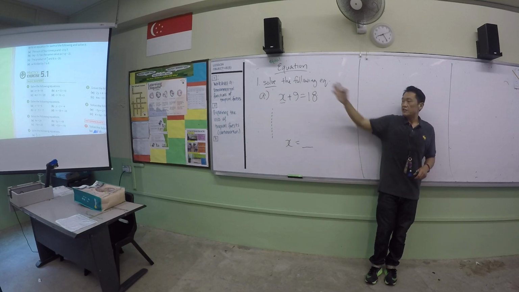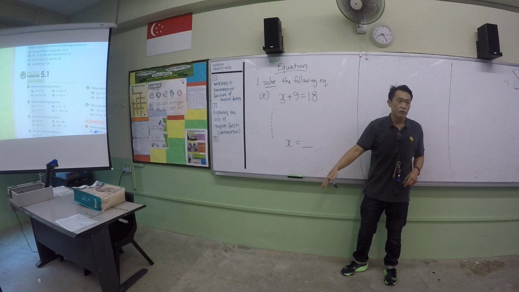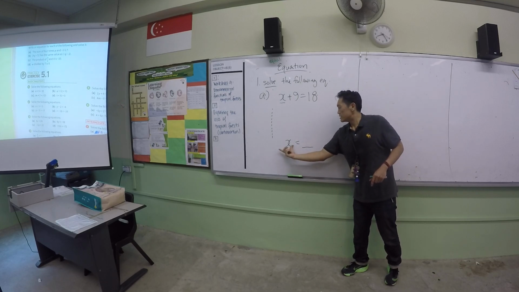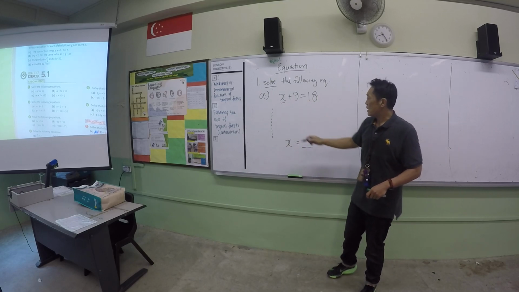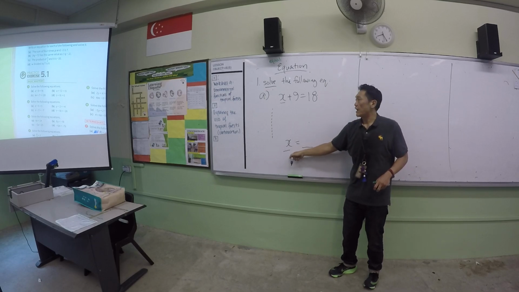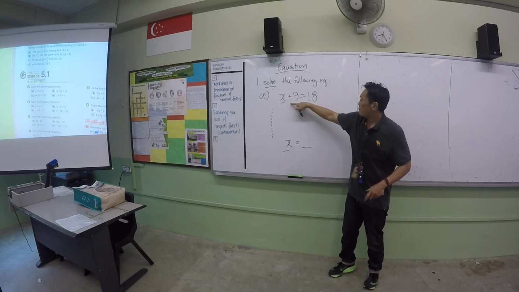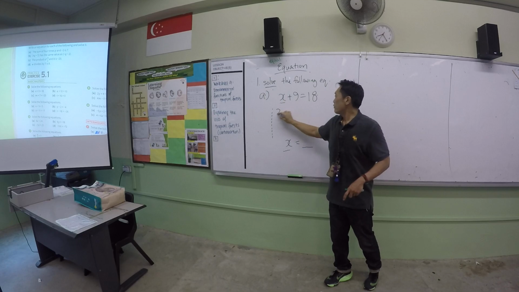Okay, so that is the meaning of solving the equation, and this is the step that you need to do to find out the value of x. So x plus 9 equals 18. My endpoint, left hand side only got x. So at first I start with x plus 9. So I must remove the plus 9. How do I remove plus 9?